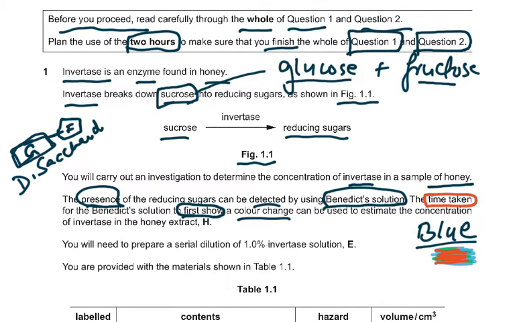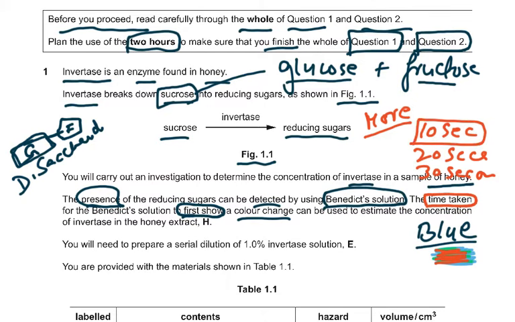As soon as it's no longer blue, you note the time, and that could be 10 seconds, 20 seconds, 30 seconds. Now you know that more the reducing sugar, let's think of it theoretically, more the reducing sugar, the earlier it will change. More the reducing sugar, the lesser time it will take for the first color change.